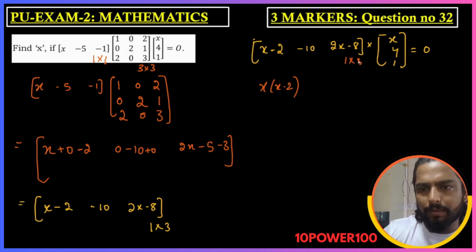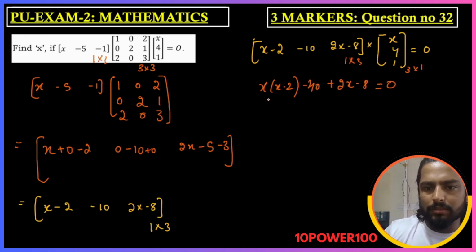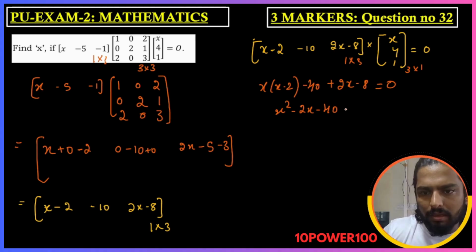This is 1 cross 3, this is 3 cross 1, so the order will be 1 cross 1. Only one element you will get. So x minus 10 into 4 is minus 40, plus 2x minus 8 is equal to 0. To solve this: x square minus 2x minus 40 plus 2x minus 8 is equal to 0.